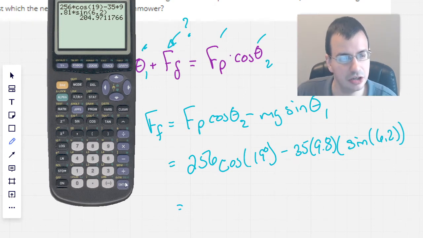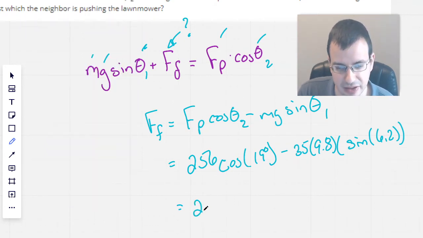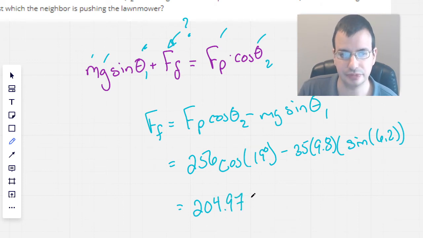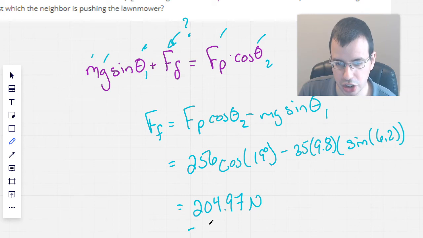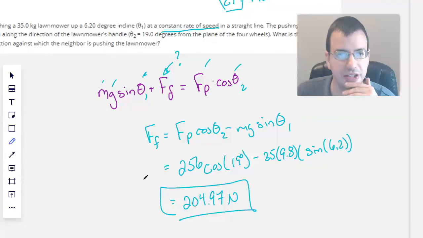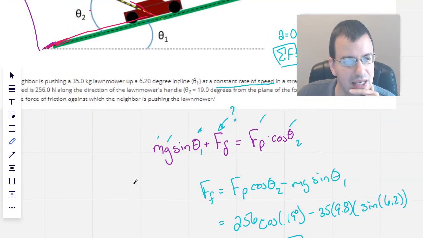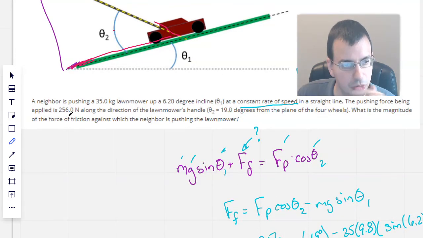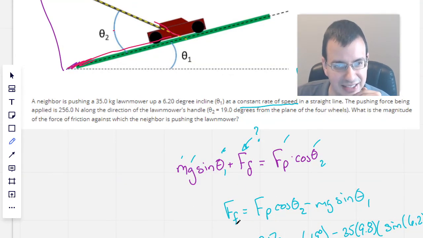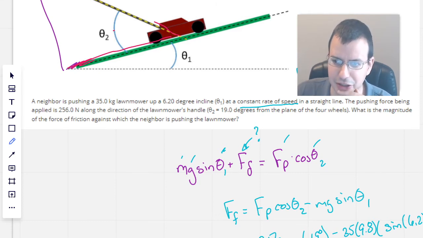That gives us 204.97, and that will be newtons. So let's see here. That should be less. Yep, there's more pushing, so it makes sense that force of friction is less. Yeah, I think that's all we need to do for this problem.